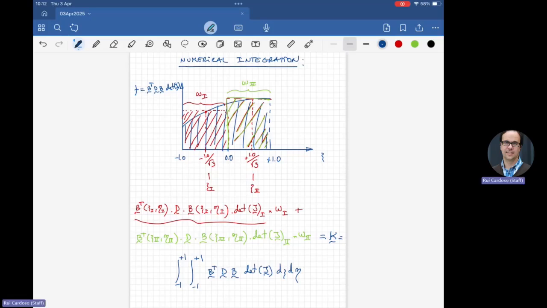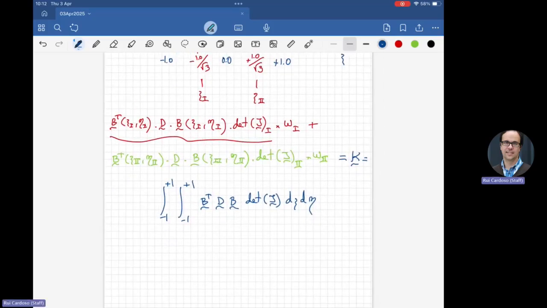You just need to calculate the BTDB at these specific points at these coordinates, which are the integration points. This way, this is full integration.